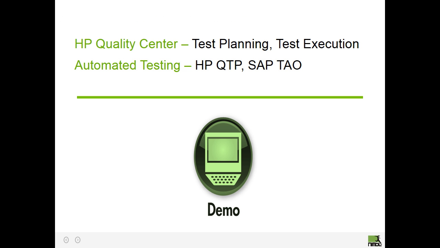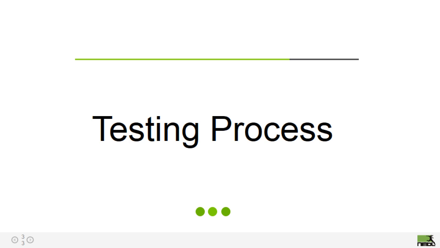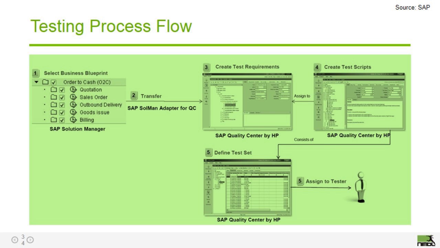We wanted to demo the tools over here, show you Quality Center, creation of test automation, etc. But I think we're running out of time over here, so we'll just proceed with the presentation. So the idea is that we create your business process blueprint, which documents your business processes.